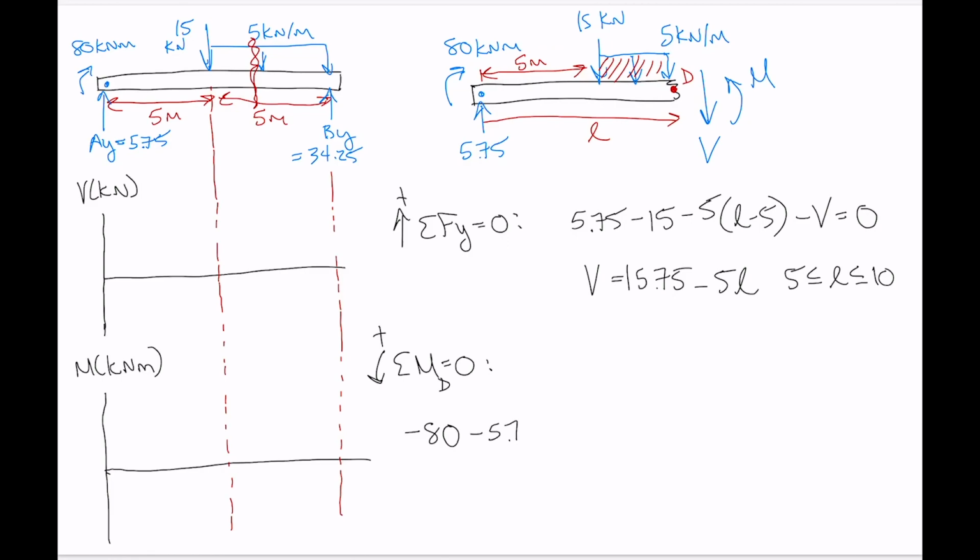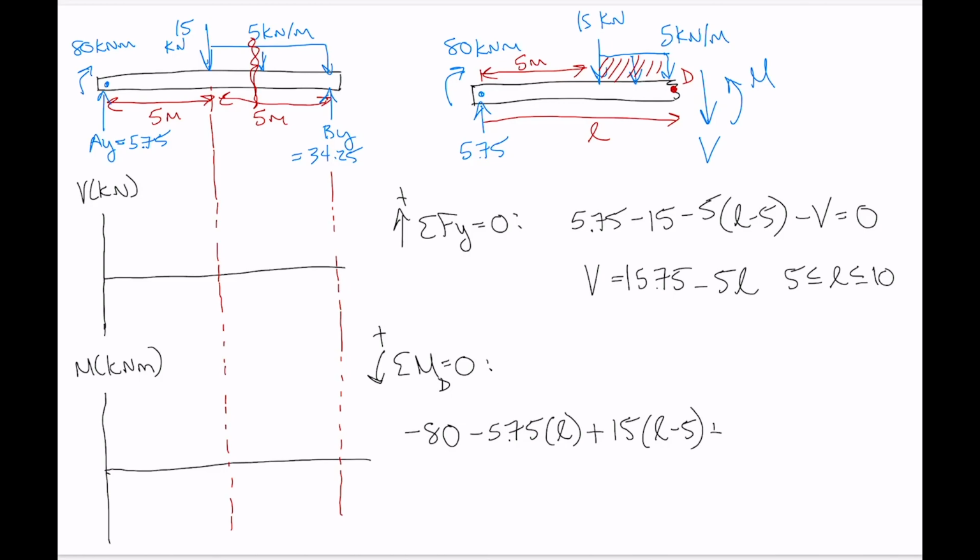So we've got 5.75 multiplied by the moment arm, which is L. And then in the positive direction, we've got the effect of the 15 kilonewton point load. Now the moment arm here from point D is L minus 5. So L minus 5.